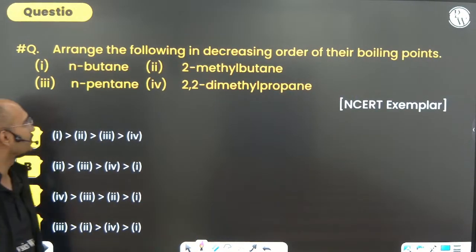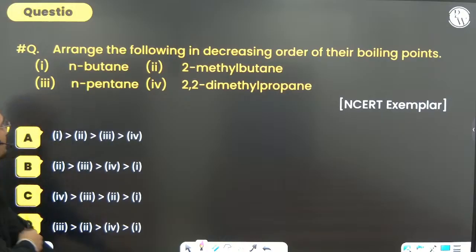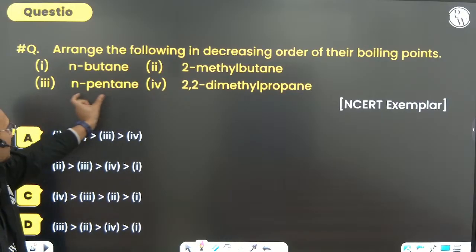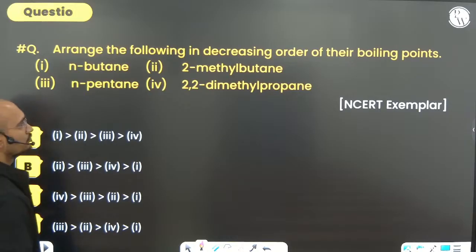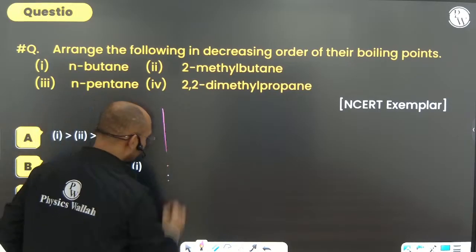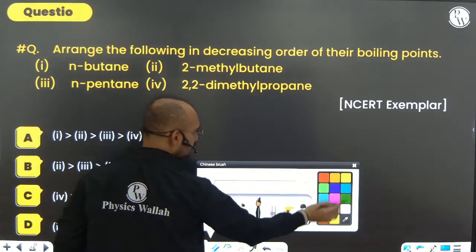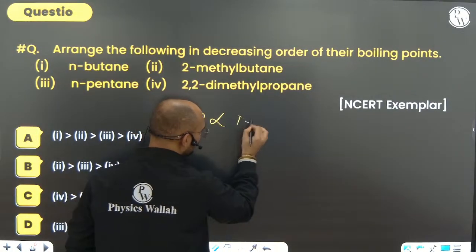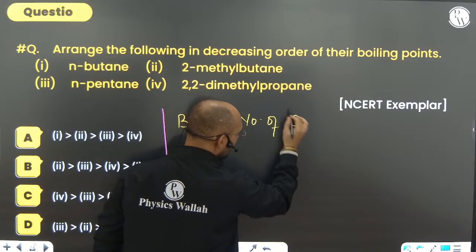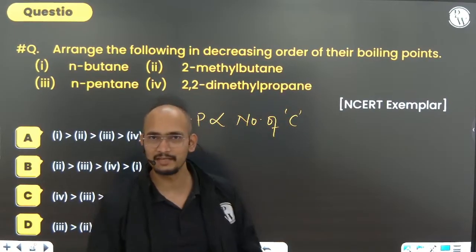Now arrange the following in decreasing order of their boiling points: n-butane, 2-methyl-butane, n-pentane, 2,2-dimethyl propane. चलो देखो जरा, पहले तो बॉइलिंग पॉइंट का पूरा गेम समझो. What is that? Boiling point is directly proportional to number of carbons. The more the carbon, the more the molar mass.